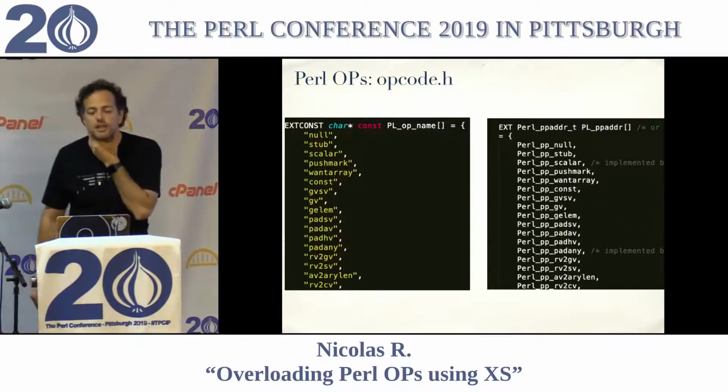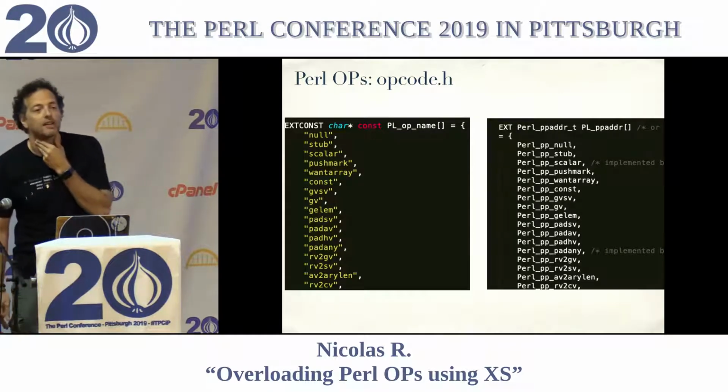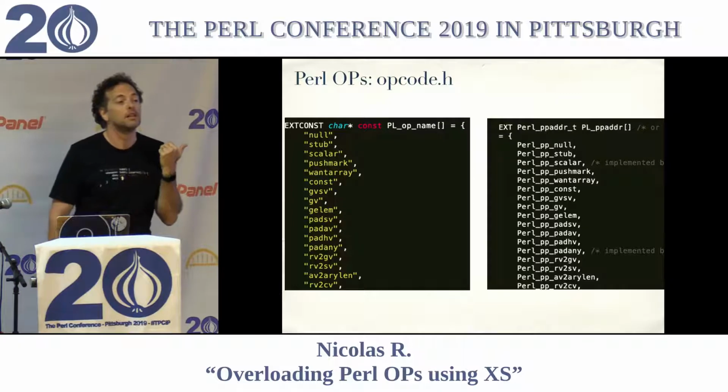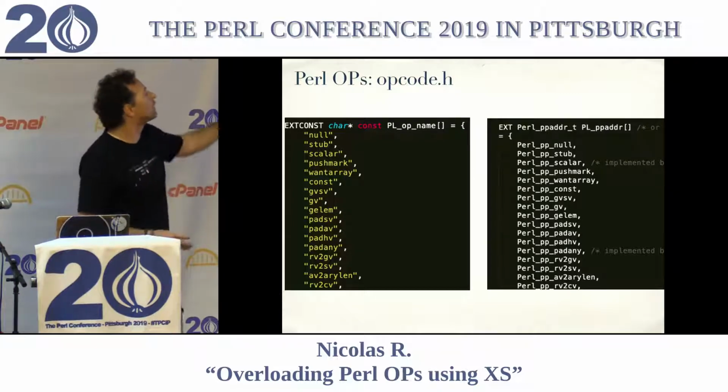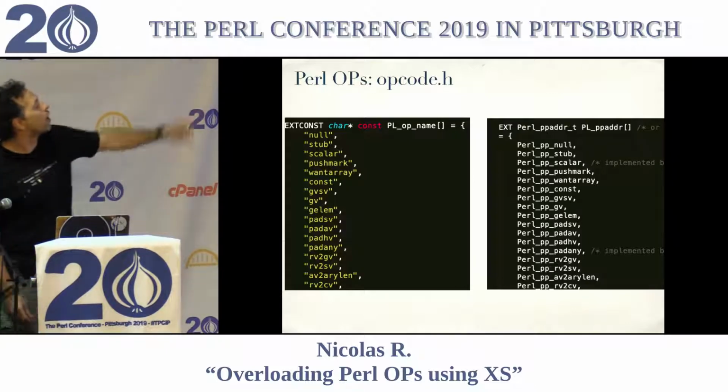If you continue digging inside the Perl source code, what you could find is all these ops have a name. Okay, they have one integer value, but they also have a name, and that name is stored in one global list named PL_op_name.